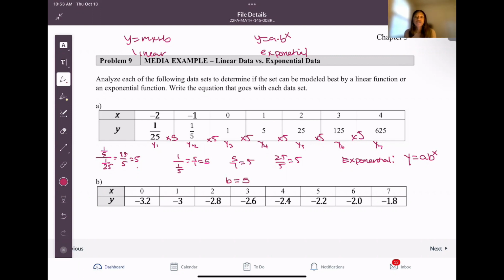And the a value is going to be whatever the initial condition is, or the y-intercept. In this case, we have 0, 1. So from the table, we see that a is equal to 1. Then putting that information together, we'll have y is equal to 1 times 5 to the x, or just 5 to the x. So this is a table of the function 5 to the x.